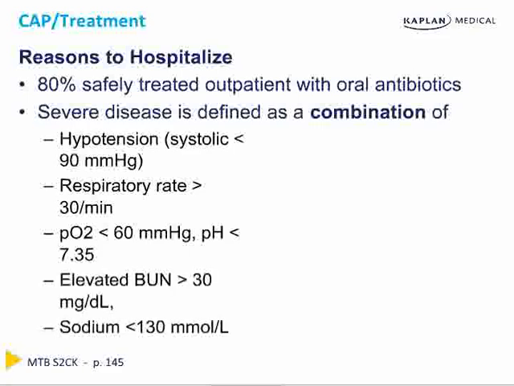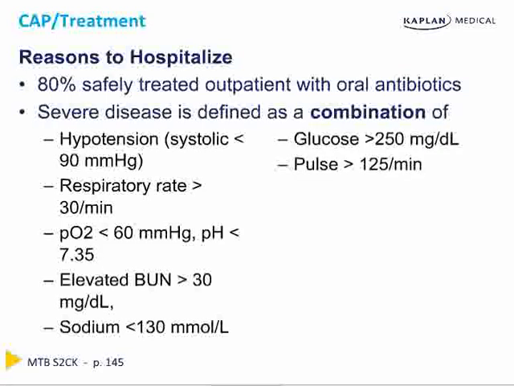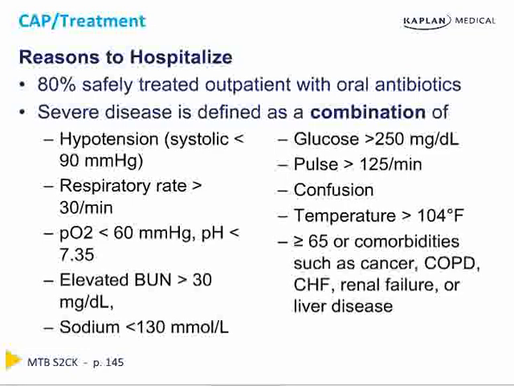an elevated BUN greater than 30, or sodium less than 130, glucose greater than 250, a pulse of greater than 125 per minute, any mental status changes such as confusion, or a temperature greater than 104 degrees Fahrenheit.